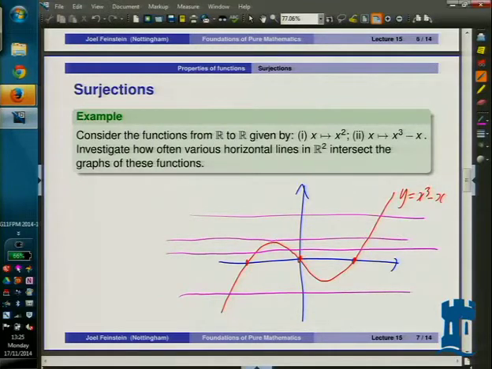You can just manage twice. So you can have one intersection here, 2 intersections here, 3 intersections, and back down to 1 intersection here.